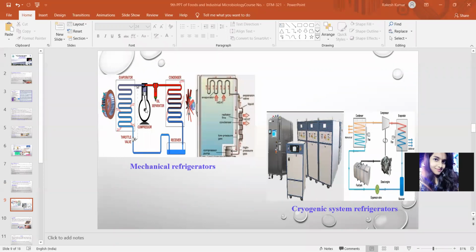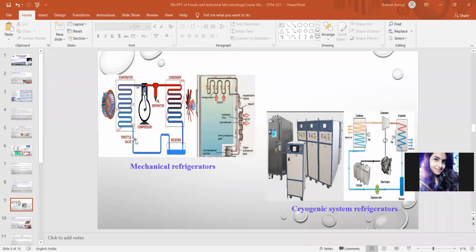And how is it working? The refrigerant is in vapor state just after compression, and ultimately it reaches the condenser and then again the compressor system, where it comes into liquid condition, and again pressure is applied in the system, and at the same time the whole refrigeration cycle is achieved.